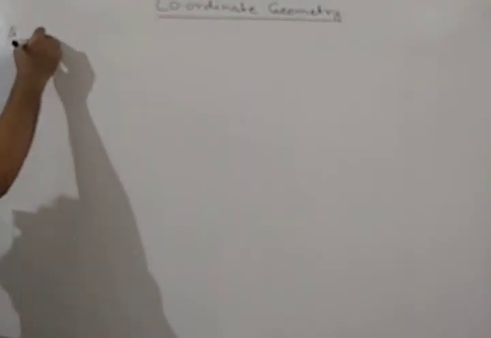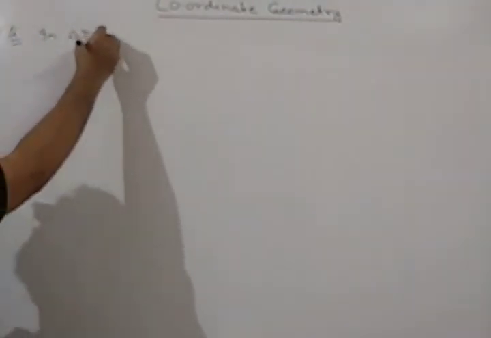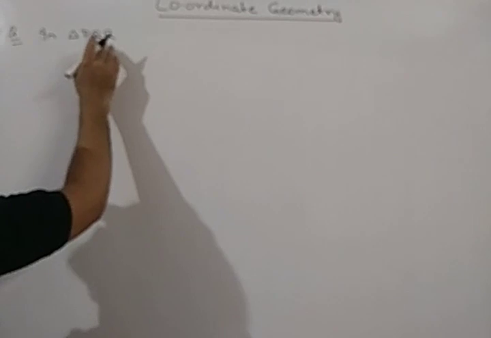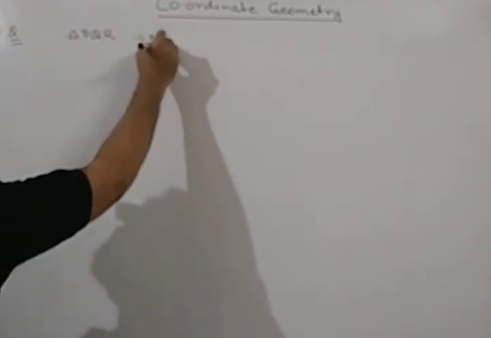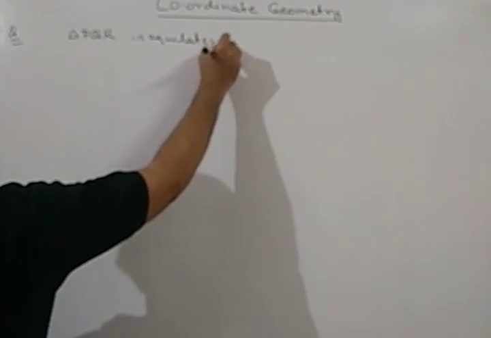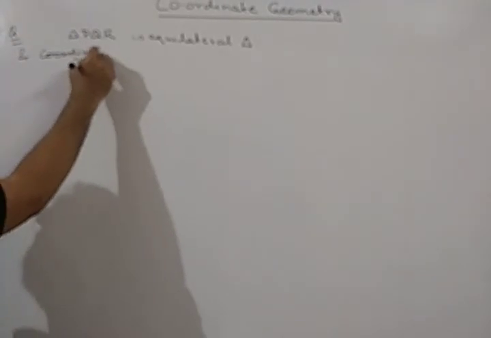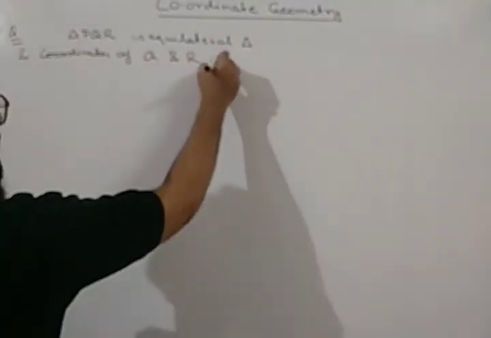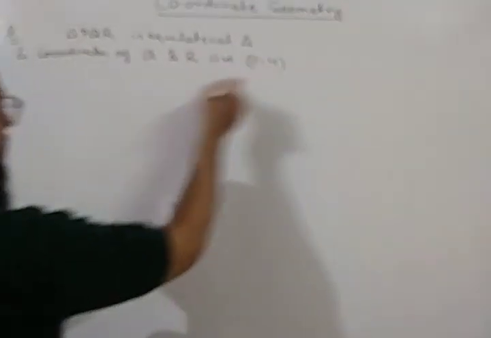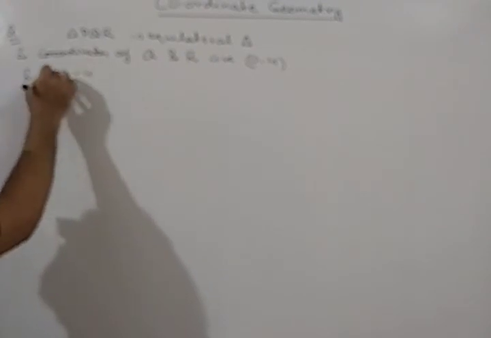Now the question is, in triangle PQR, or triangle PQR is an equilateral triangle, and the coordinates of Q and R are 0, 4 and 0, minus 4 respectively.